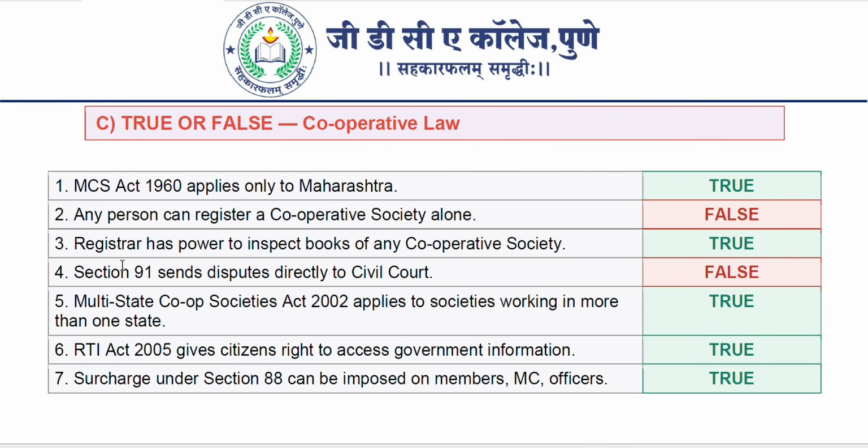Multi-State Cooperative Society Act 2002 applies to societies working in more than one state. True. RTI 2005 gives citizen right to access government information. True. Surcharge under Section 88 can be imposed on members, MC, that is managing committee officers. True.